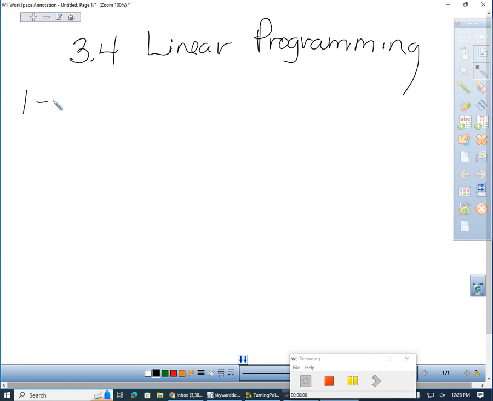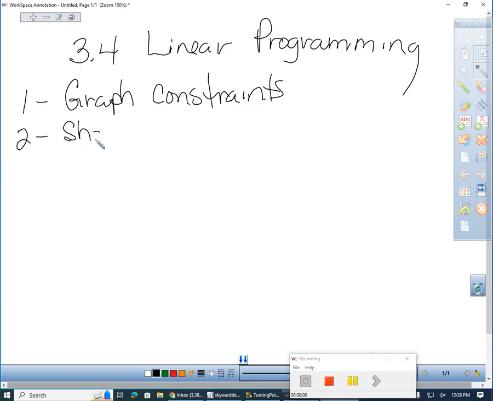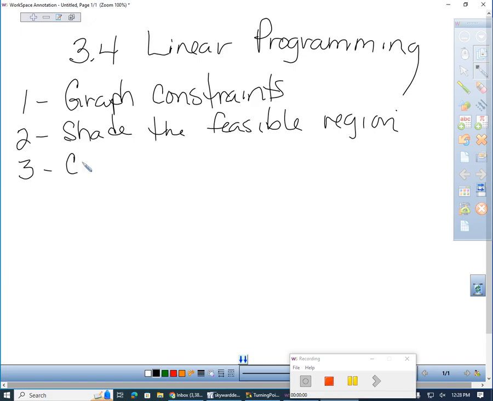Step number 1, remember that you have to graph your constraints. Step number 2, you had to shade the feasible region. Step number 3, you needed to calculate your vertices. Step number 4, plug vertices into the profit equation.